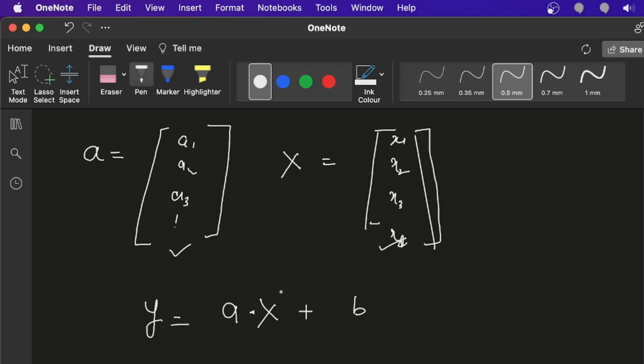so you are not able to multiply these two vectors directly. You have to transpose one of them, and now your equation in reality looks like this.